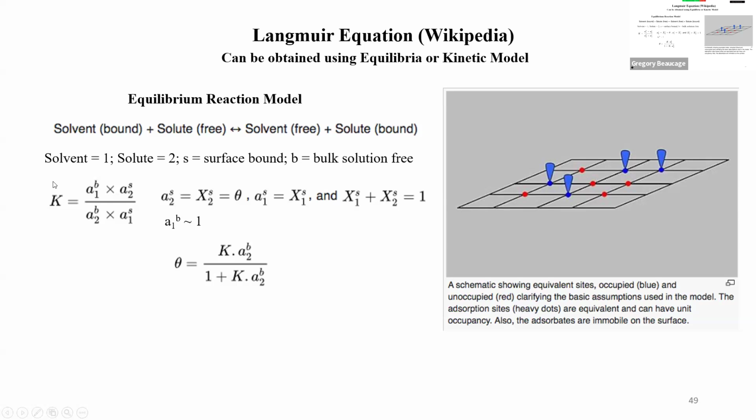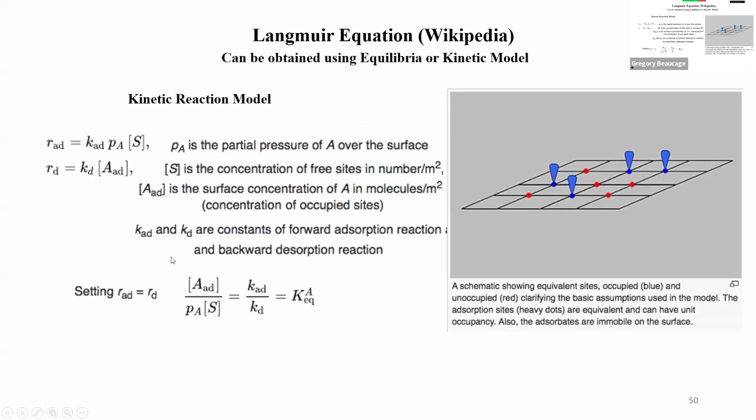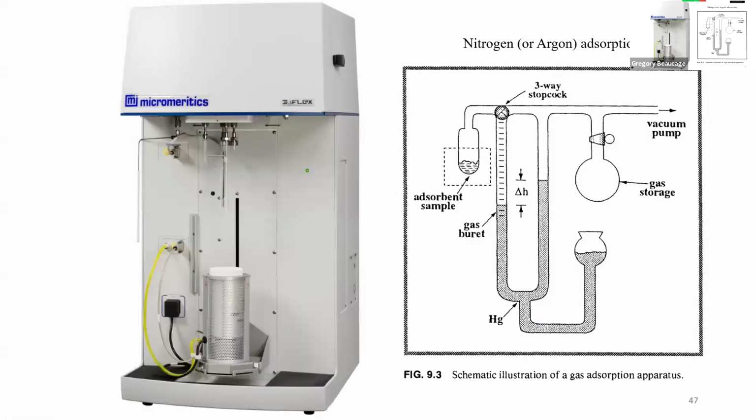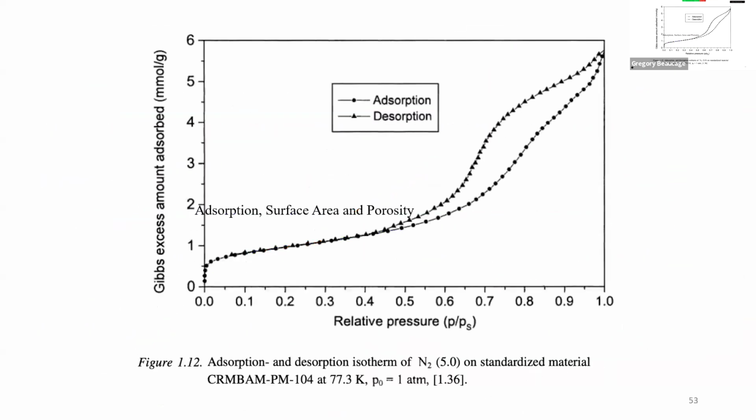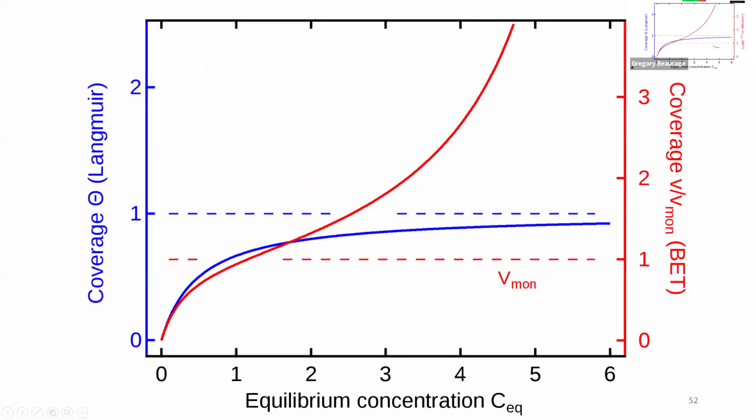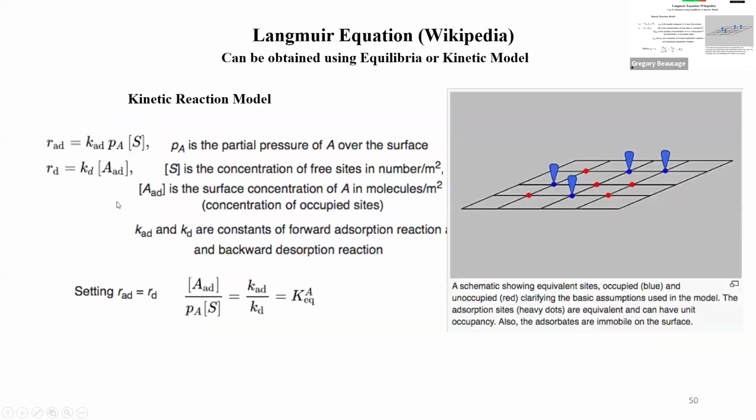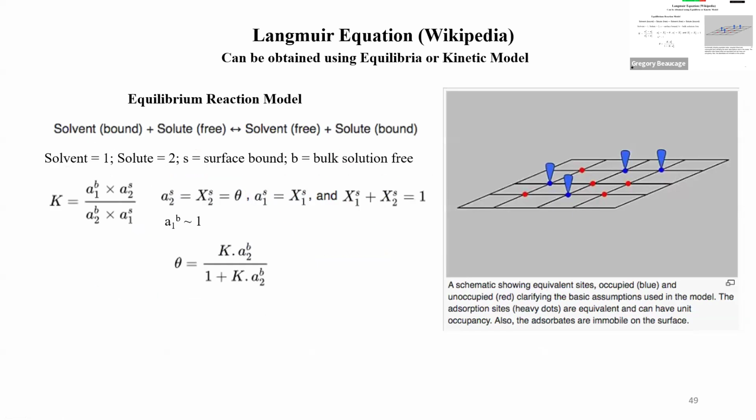So if you plug those in and then rearrange it, you get the equilibrium equation for this Langmuir absorption, which follows that curve, this blue curve. It's just like a plateau, like you're saturating the surface with the material. That's the idea. So you start out with linear dependence, and all of a sudden the holes start filling up, and then there's no more holes, and you plateau out. And that's an equilibrium model for this.